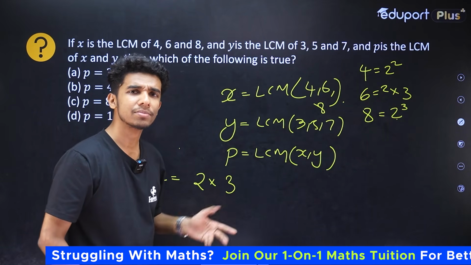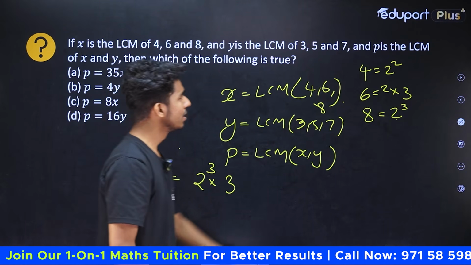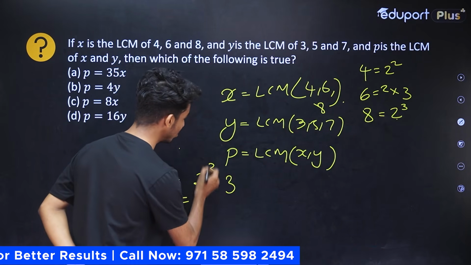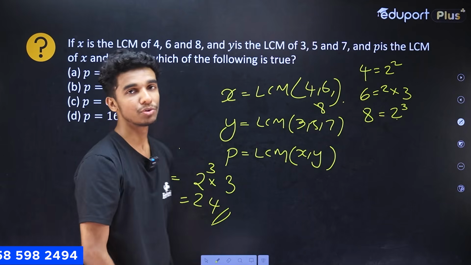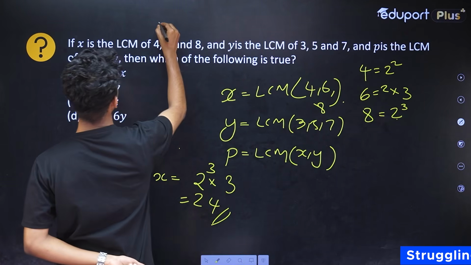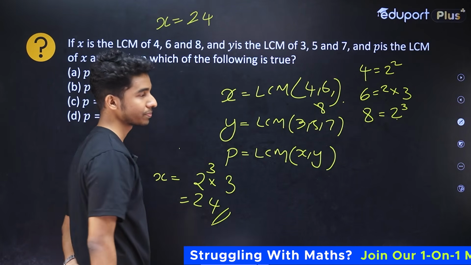Which should I take? I should take 2 cube. And the only power of 3 I have is 3 raised to 1, so I take 3. So 2 cube into 3: 4 into 2 is 8, 8 into 3 is 24. So x is equal to 24.